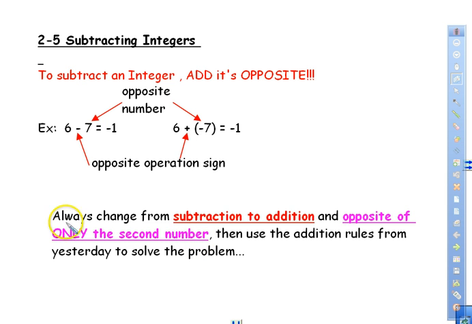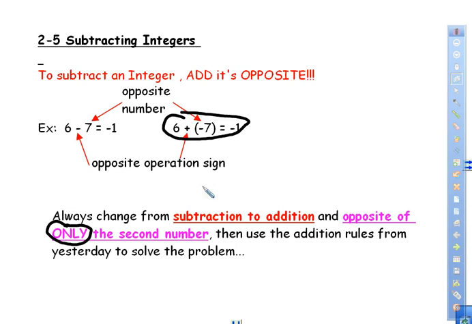And that is really important that you understand. That is only the second number. Then use the addition rules from yesterday to solve the problem. Okay? And so again, our rules from yesterday with the addition is that when we have same signs, you will add.